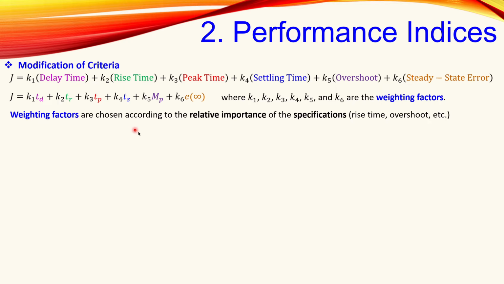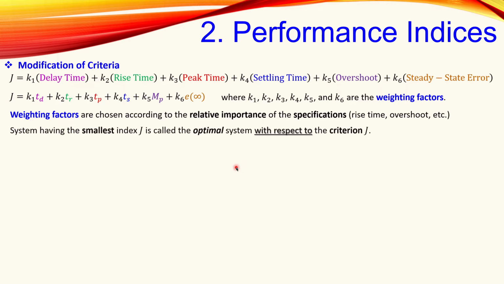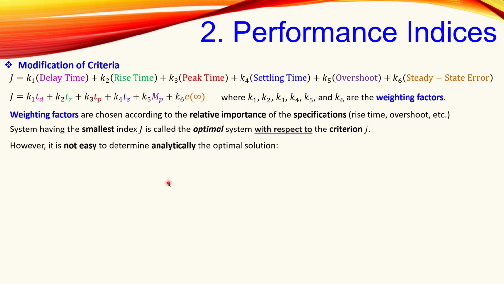Now the weighting factors are chosen according to the relative importance of the specifications, for example, rise time, overshoot, settling time, etc. Having a system with the smallest index J is called the optimal system with respect to the criterion J. So you would like to minimize this number J, that's actually sort of the optimization problem, given of course the K1 up to K6 for these specifications.